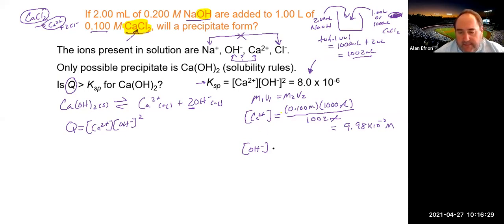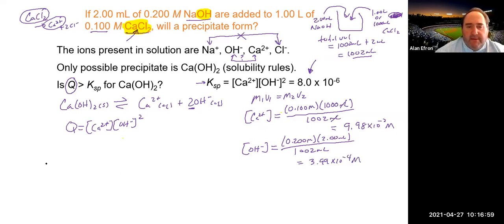So we would have 0.2 molar, 2 milliliters divided by 1,002 milliliters. And that gets us 3.99 times 10 to the minus 4. Any questions up to there?